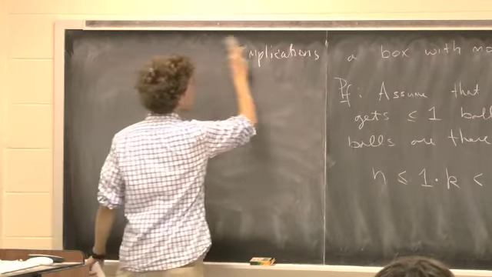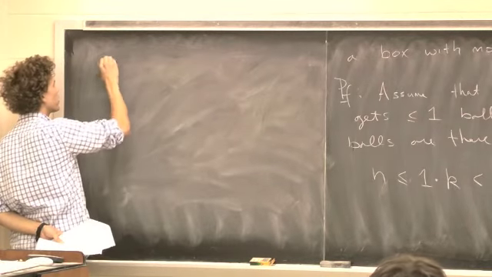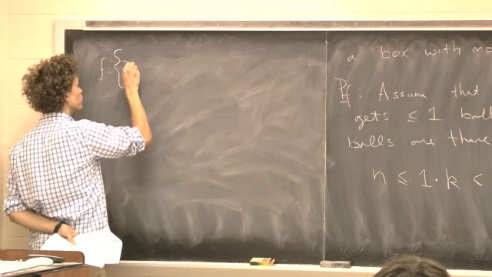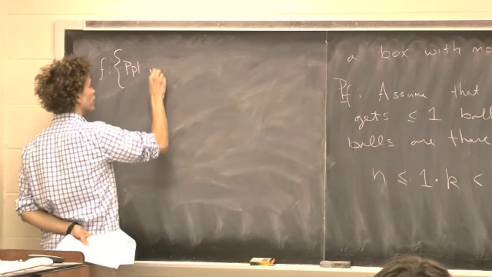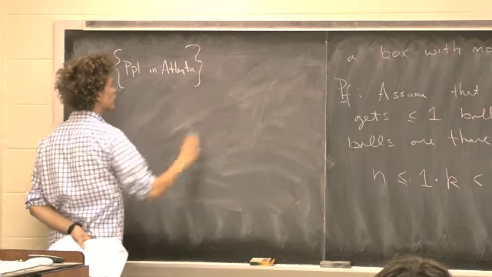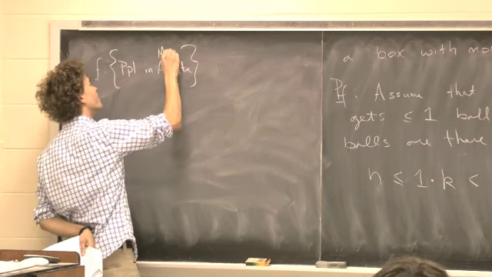Well, let's write down a function. So I'm going to define f, and it's going to be from people in Atlanta. Metro or city proper? Metro. Thank you. Metro Atlanta.